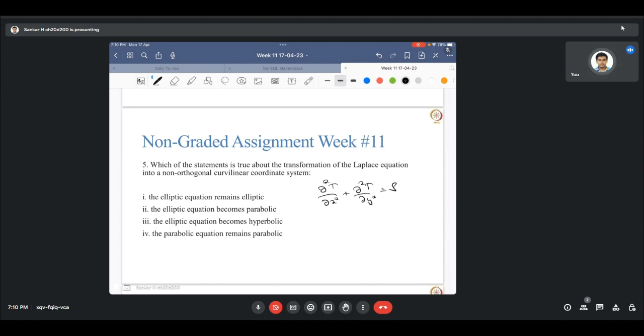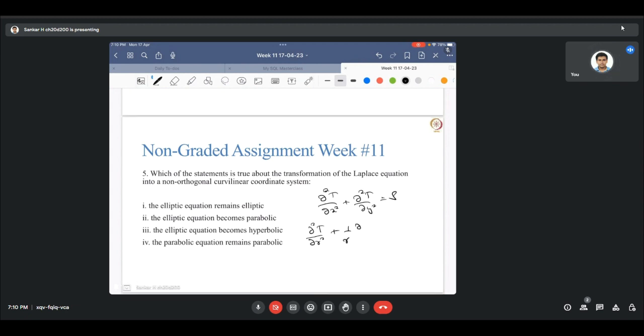So let's take a look at how the Laplace equation is written in the r theta or non-orthogonal curvilinear system. It becomes ∂²T/∂r² + (1/r) ∂T/∂r + (1/r²) ∂²T/∂θ² = 0.